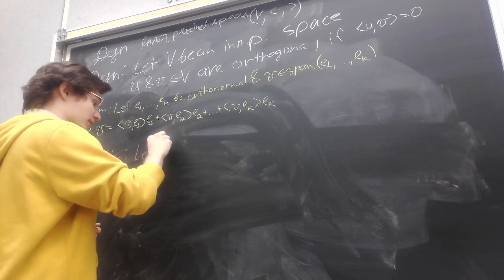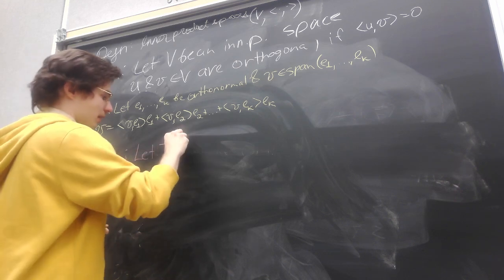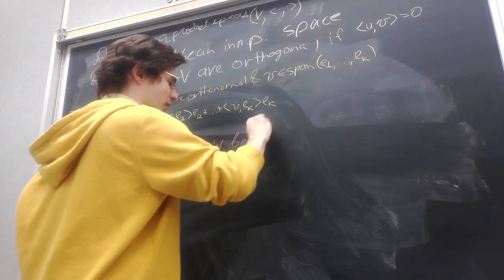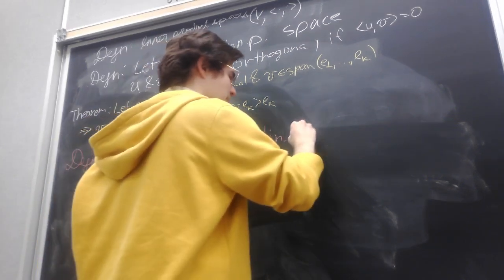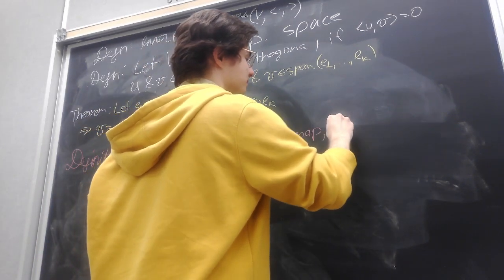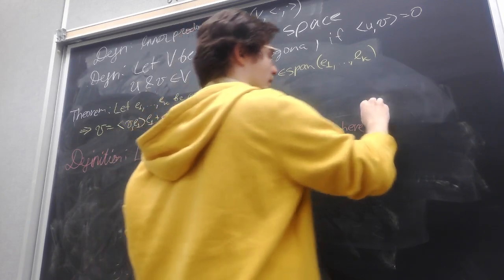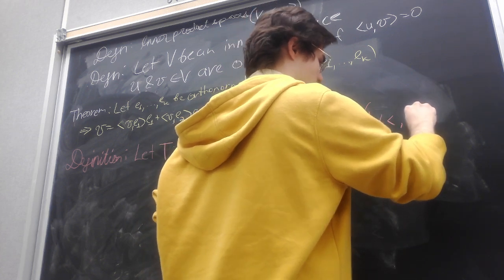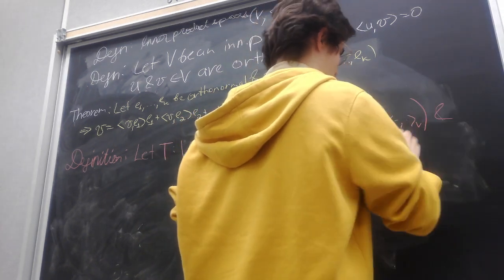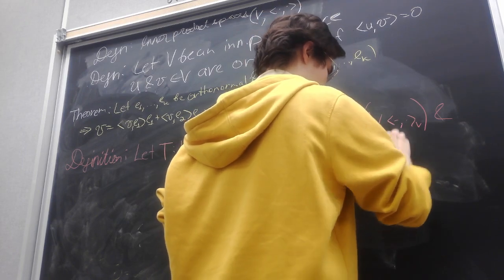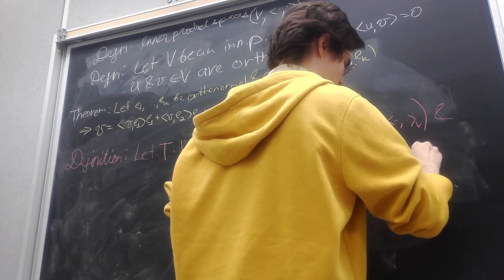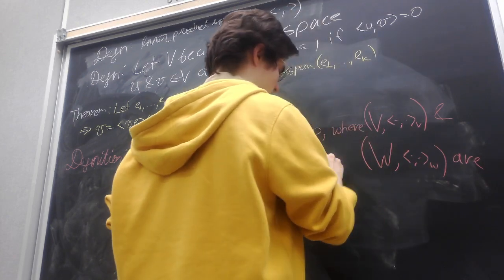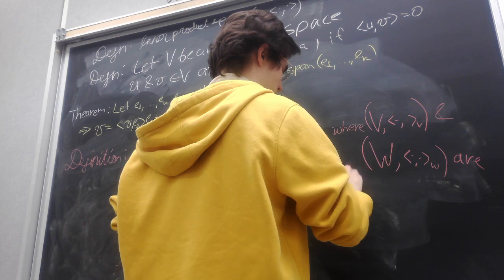So let T from V to W be a linear operator, a linear map, where V, with inner product subscript V, and W, with inner product subscript W, are inner product spaces.